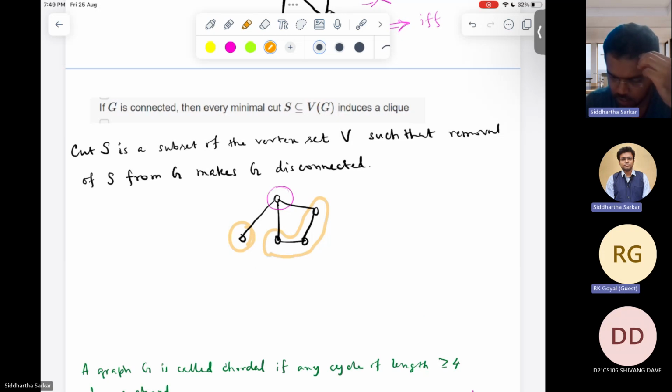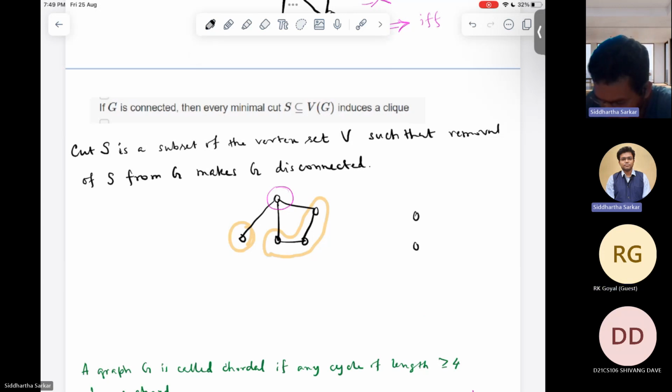And a minimal cut is a cut from which you cannot delete a vertex. So let me just take one more example, where there are two vertices in a cut.